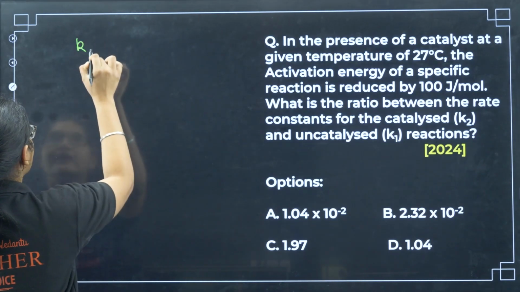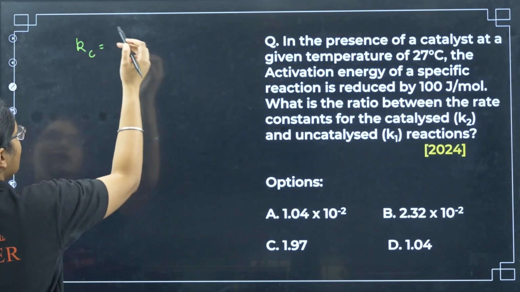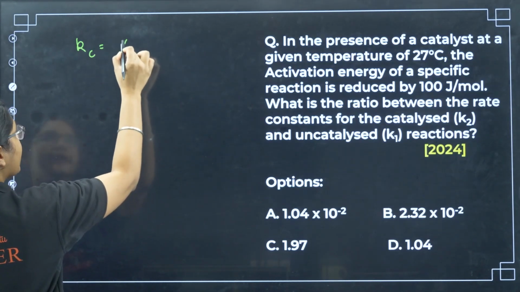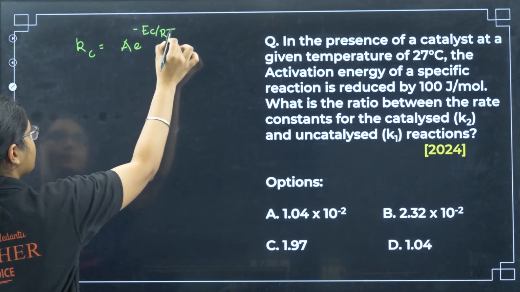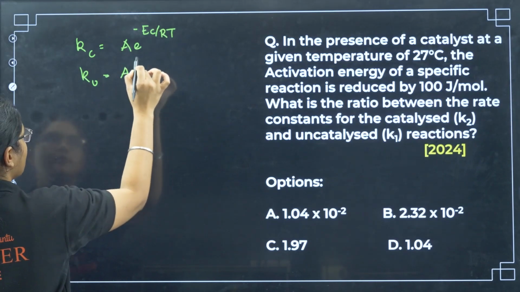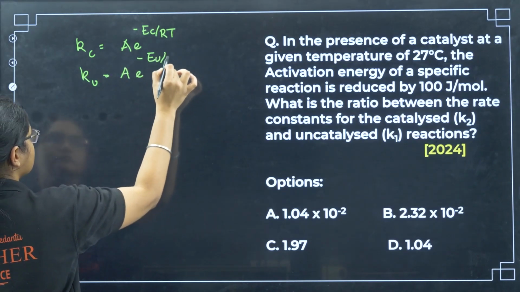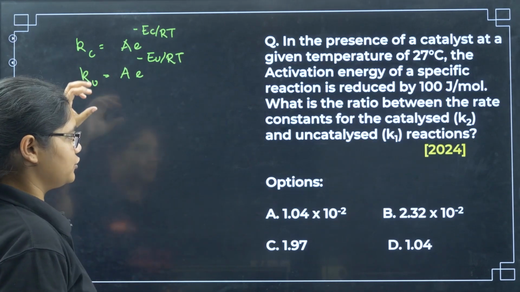So let us write down Kc, that is the catalyzed reaction. Kc is equal to A into e to the power of minus Ec by RT, and Ku, uncatalyzed, is equal to A into e to the power of minus Eu by RT. Okay. Now let me take the ratio of both of them.